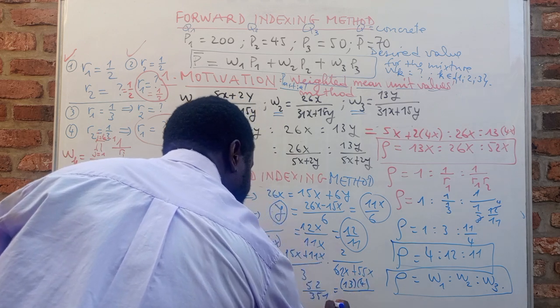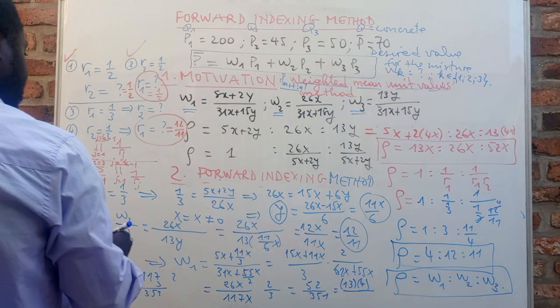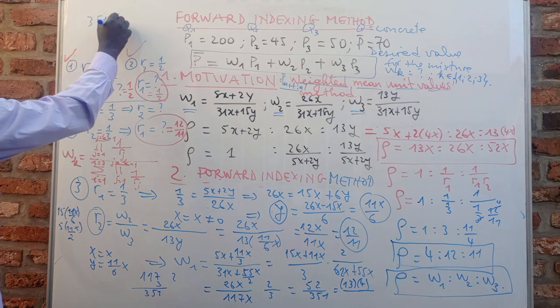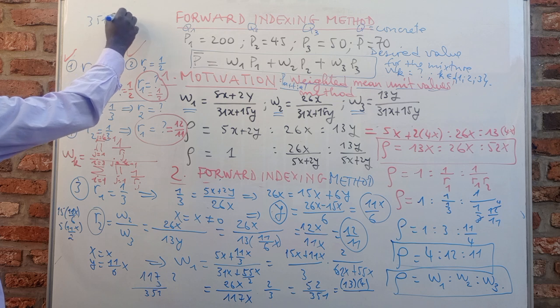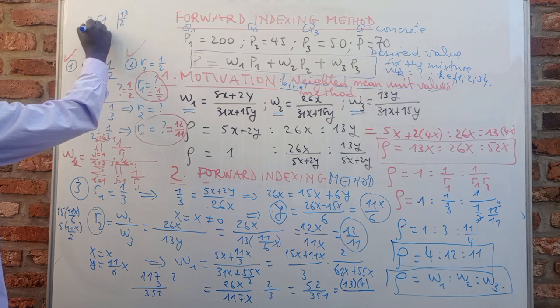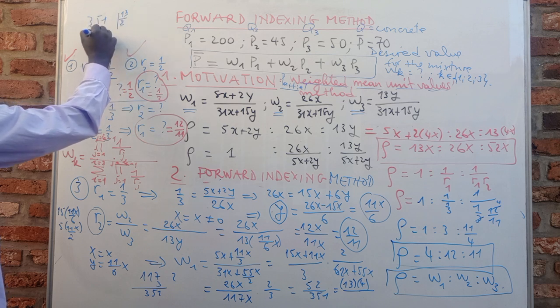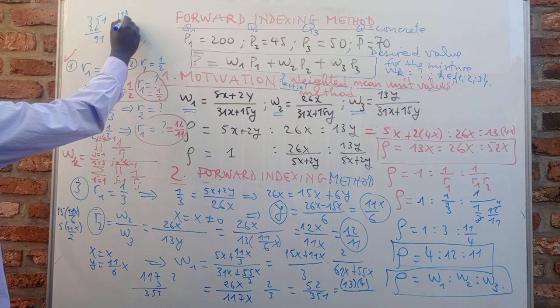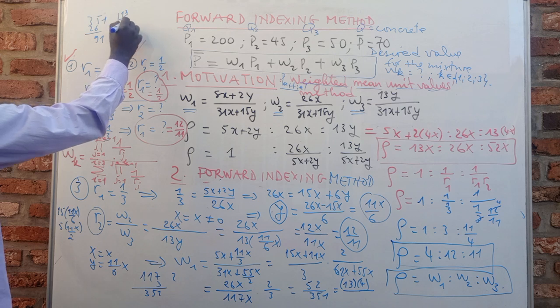So we can take 351 divided by 13. 26, difference is 91. Luckily.